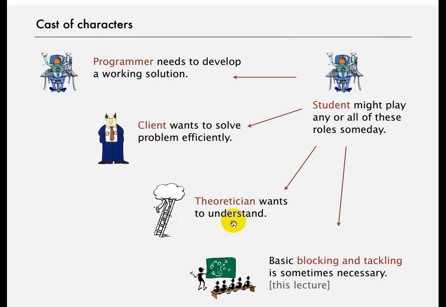The theoretician, who wants to understand the mathematical basis behind this: can this be solved, how quickly can this be solved, and who is most of the time coming up with the actual algorithms. And the final one is the student, who learns and studies. We all play each of these roles from time to time. Sometimes we can be clients, sometimes programmers, sometimes we might come up with a new algorithm ourselves.